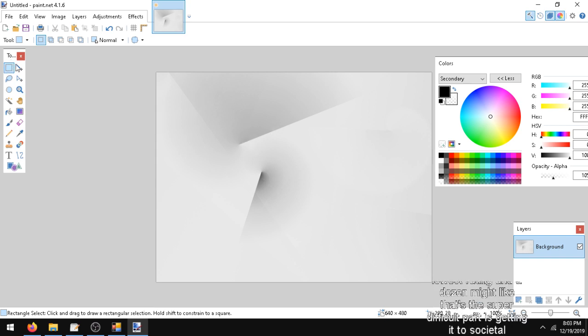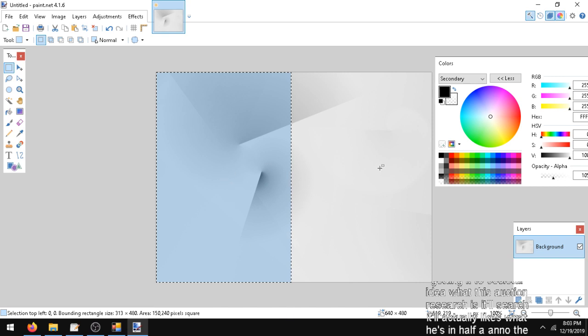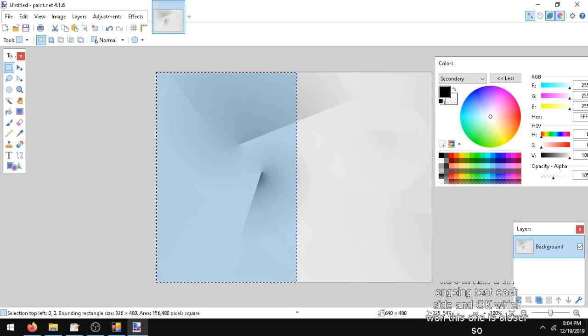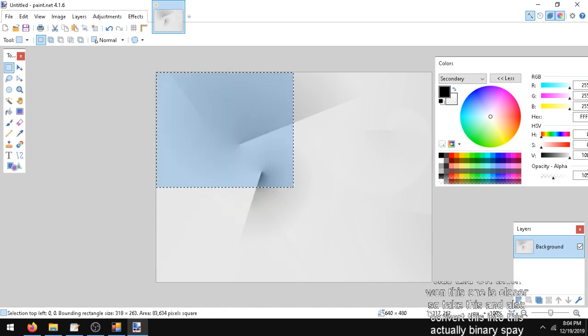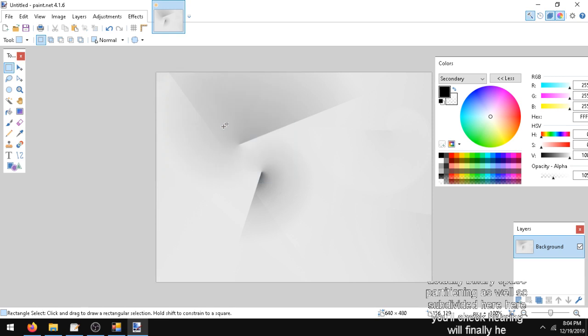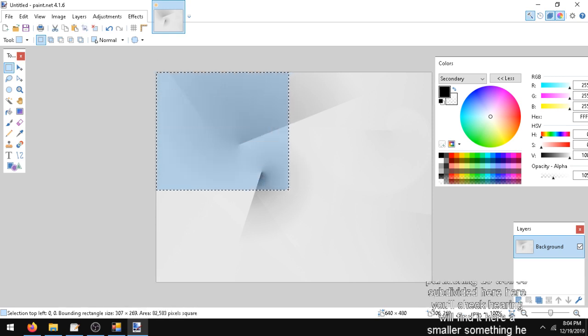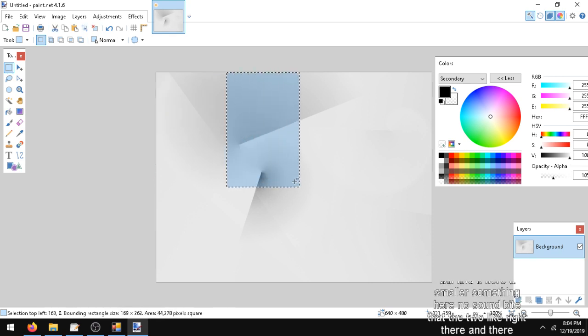So this is my whole idea with this octree search, is it'll actually split these in half, and it'll go and test each side and go, okay, which one, this one is closer. So then it'll take this and subdivide this into, this is actually like binary space partitioning as well. So it'll subdivide it here and here, it'll check here, and it'll find that here is smaller. So then it'll take here and subdivide that into right there and there.